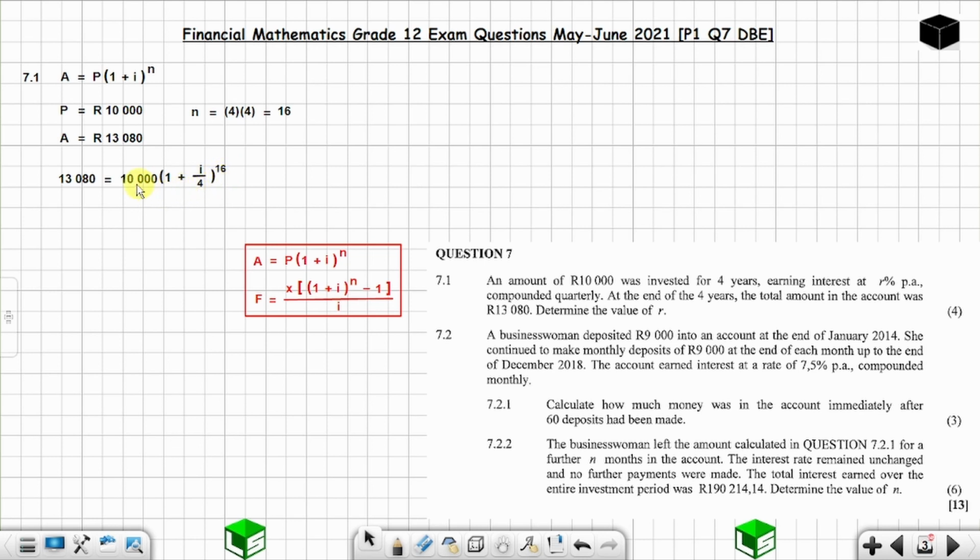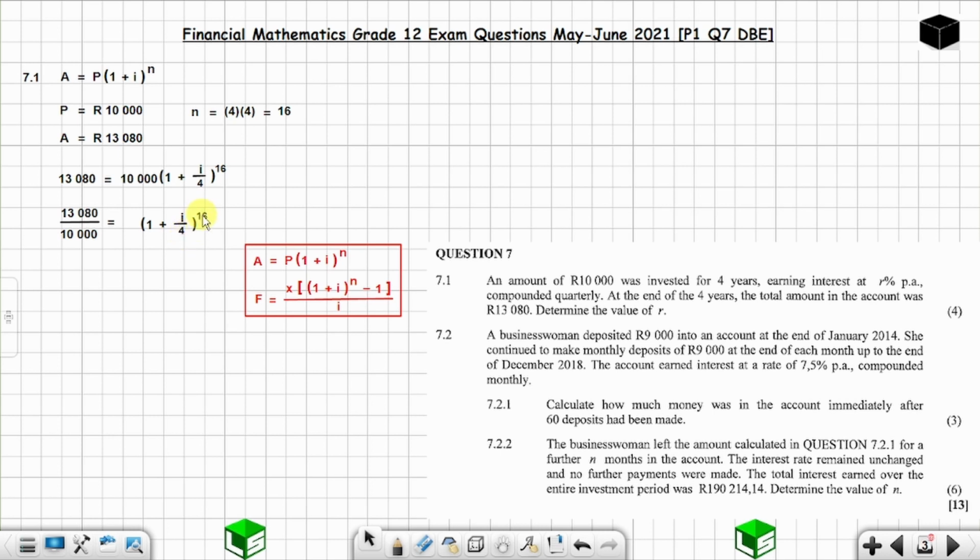Now let's carry on. You are going to divide by 10,000 on both sides so that you can be left with this part. Now to get rid of the power of 16, you are going to take the 16th root on both sides.